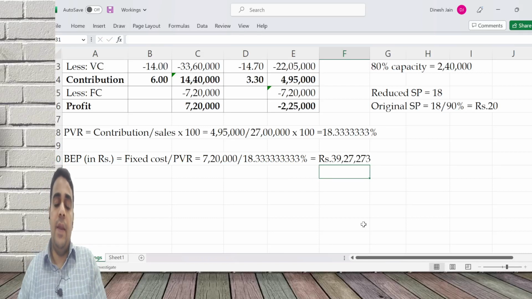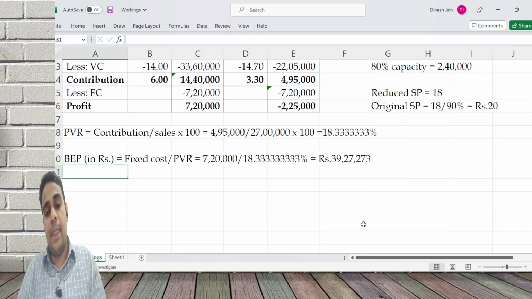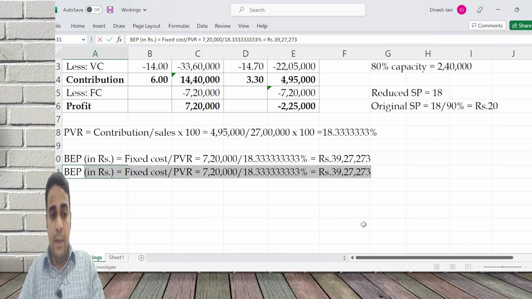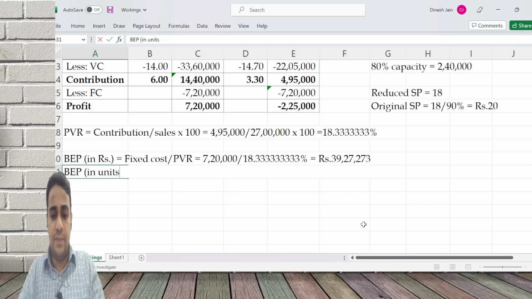So BEP in rupees is 927,273. Then BEP in units.